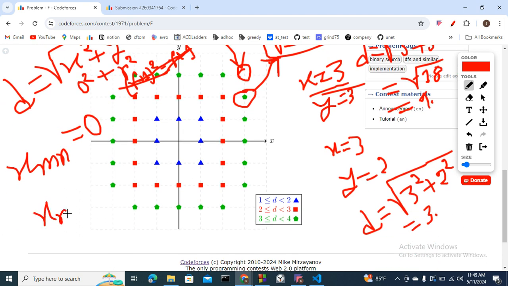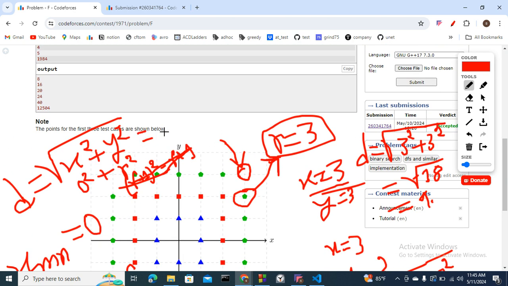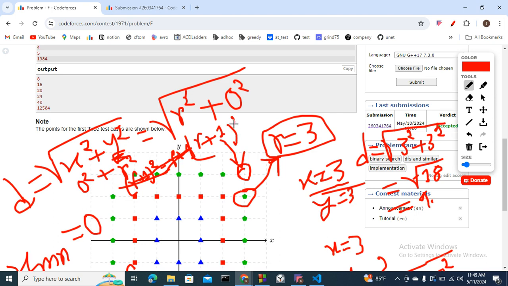And what will be the maximum value of x? The maximum value of x is r, because if x is r, then we can say that y is 0. But if x becomes r plus 1, whatever value we provide for y, maybe we provide 0, the whole value of d will become r plus 1.